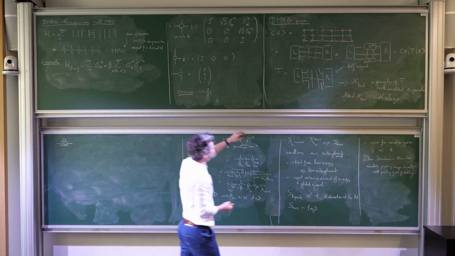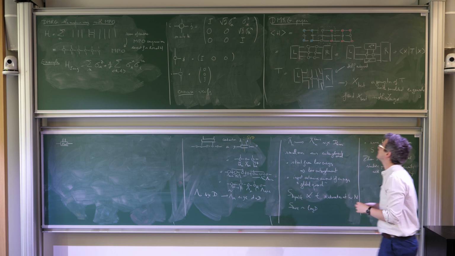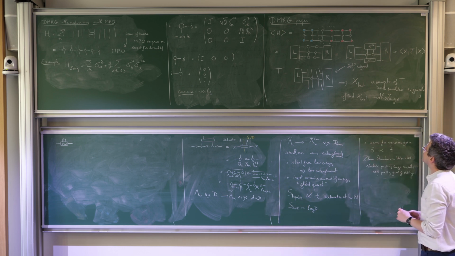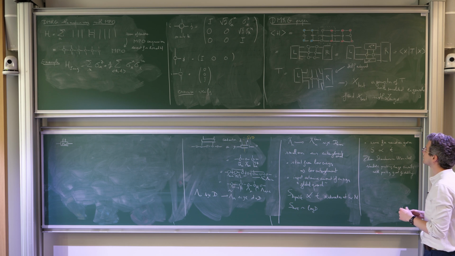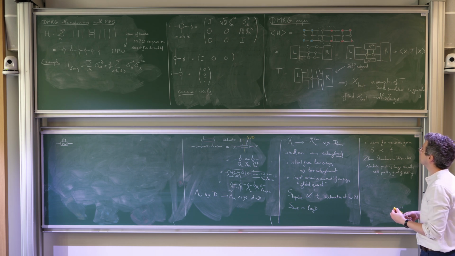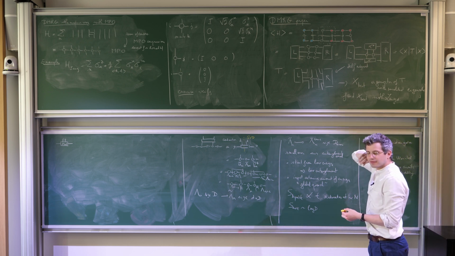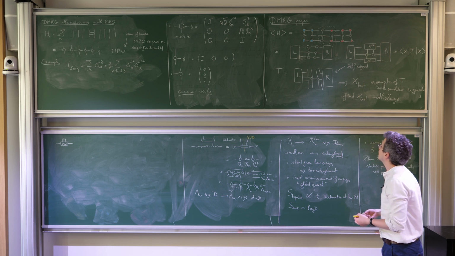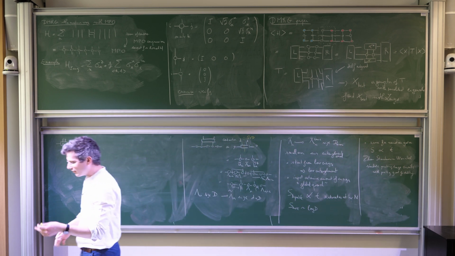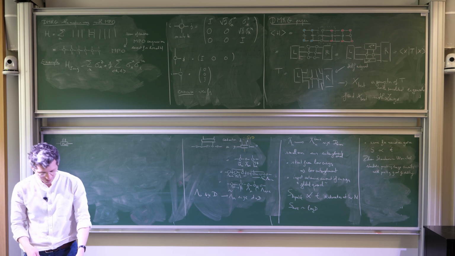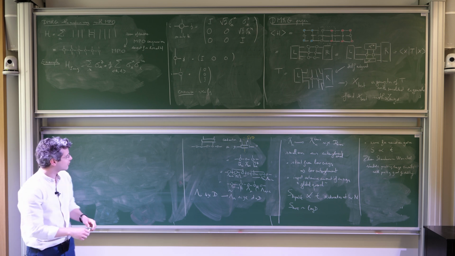Applying this to a vector, the matrix-vector operation, is of course D cubed, because at the end you are multiplying matrices on the D bond, and this has a cost D cubed. More generally, computing the environment has a cost D cubed. When I say D cubed, there is also a power of the physical dimension that enters, but I'm only talking about the bond dimension cost. This is D cubed for all these algorithms.